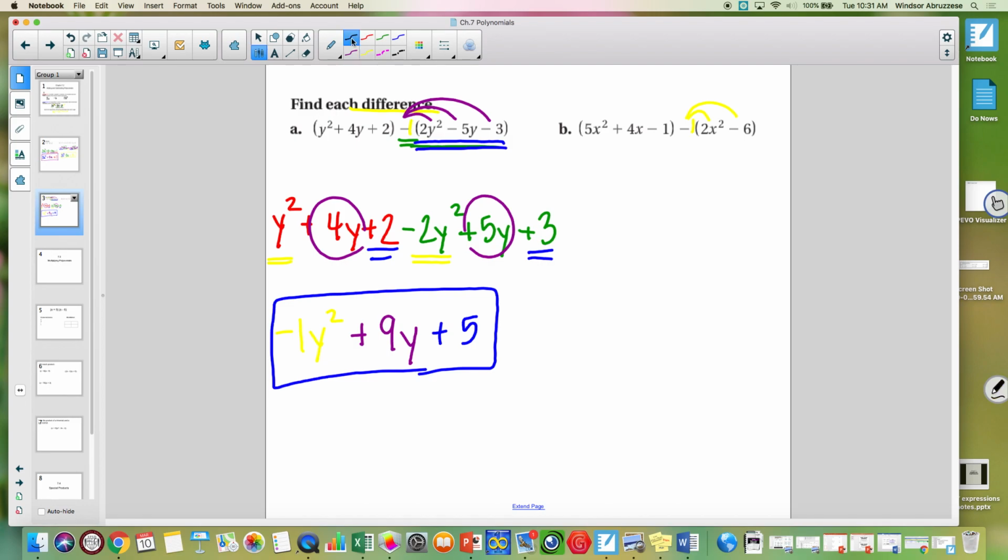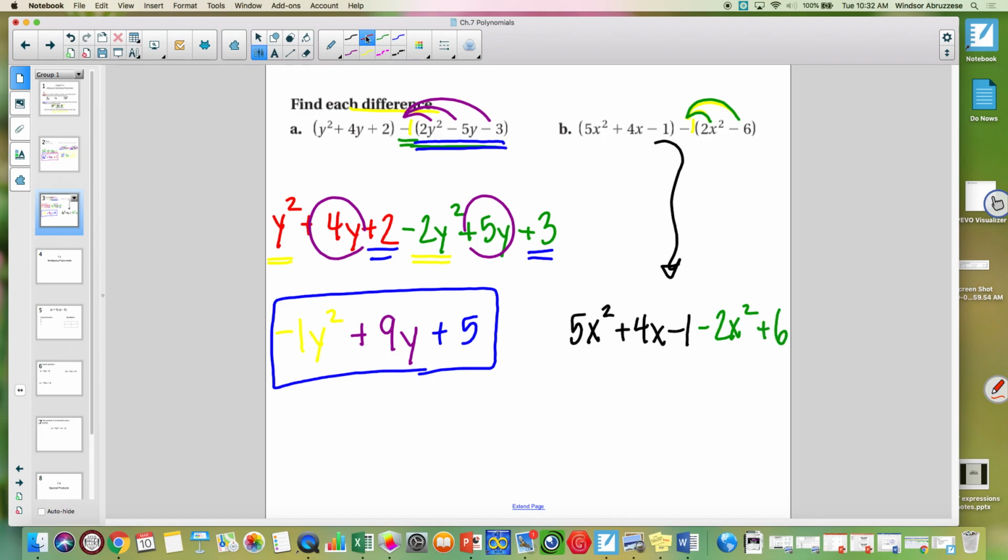So I'm going to rewrite, I'm going to move this down here. My first polynomial is 5x squared plus 4x minus 1. And then distributing this negative, I have a negative 1 times a positive 2x is minus 2x squared. And then the negative times a negative 6 is a plus 6.